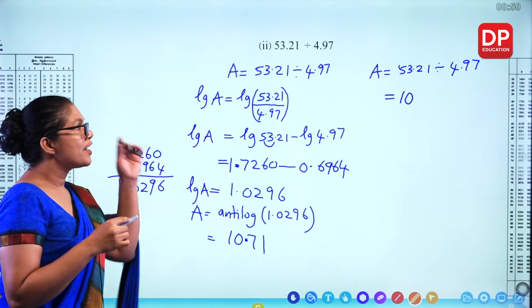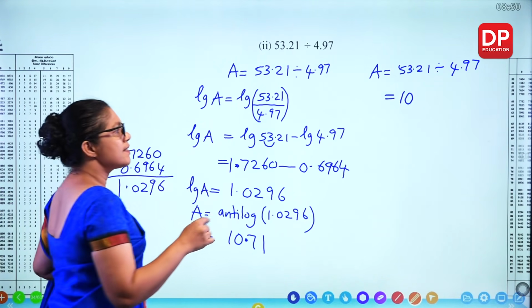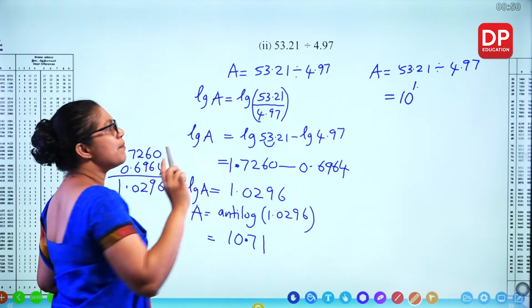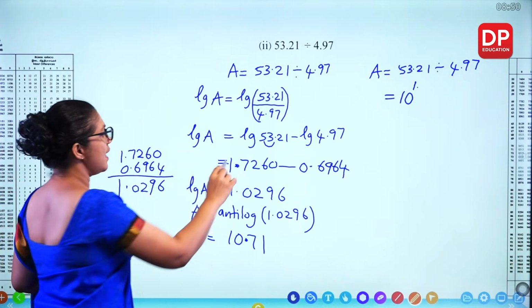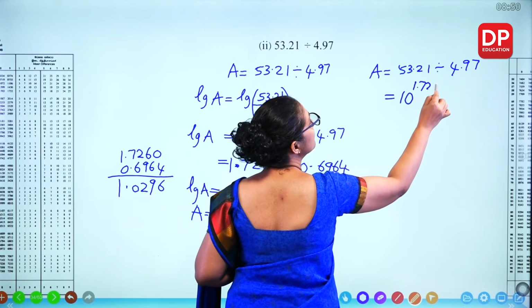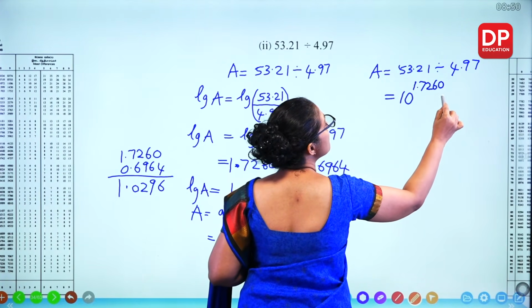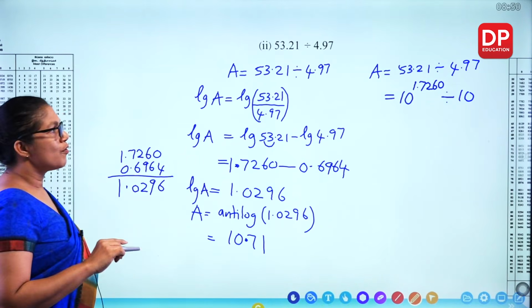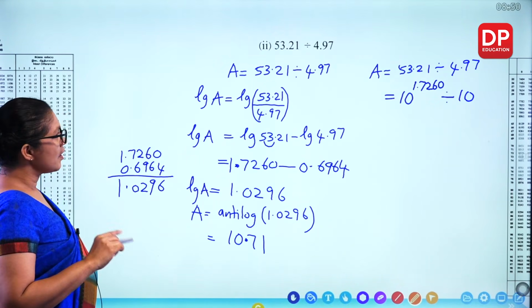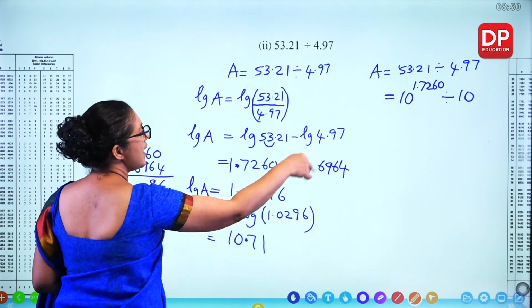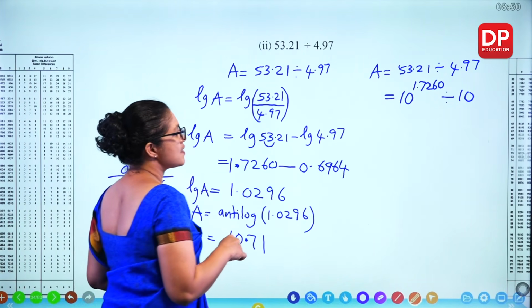So 53.21 is 10 to the power 1 point, refer the table 53.21 and we get 7260. Divide by 10 to the power, how can we write 4.97? 49.7. Refer 49.7 and you get 6964.